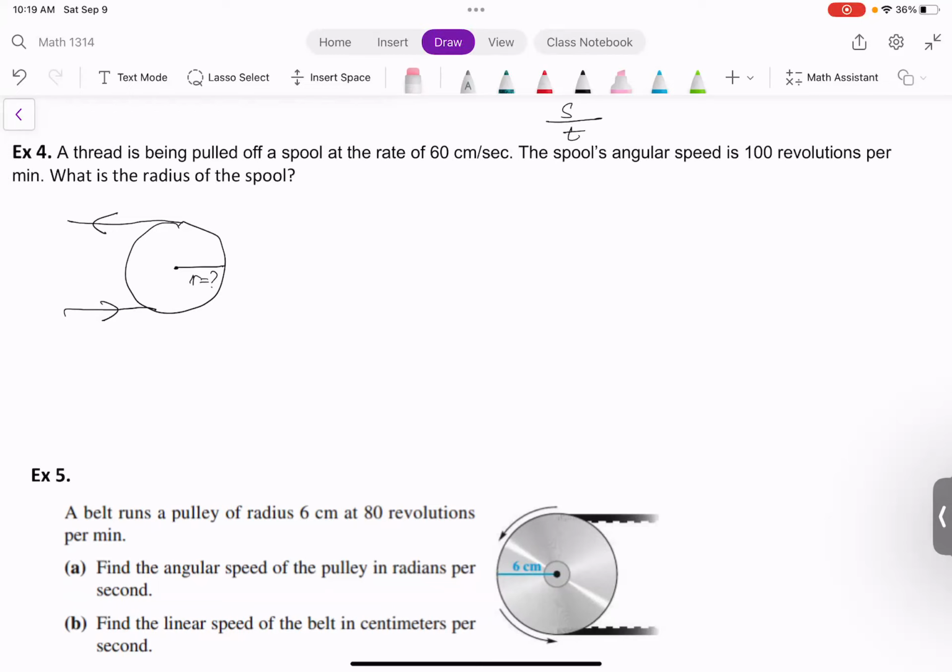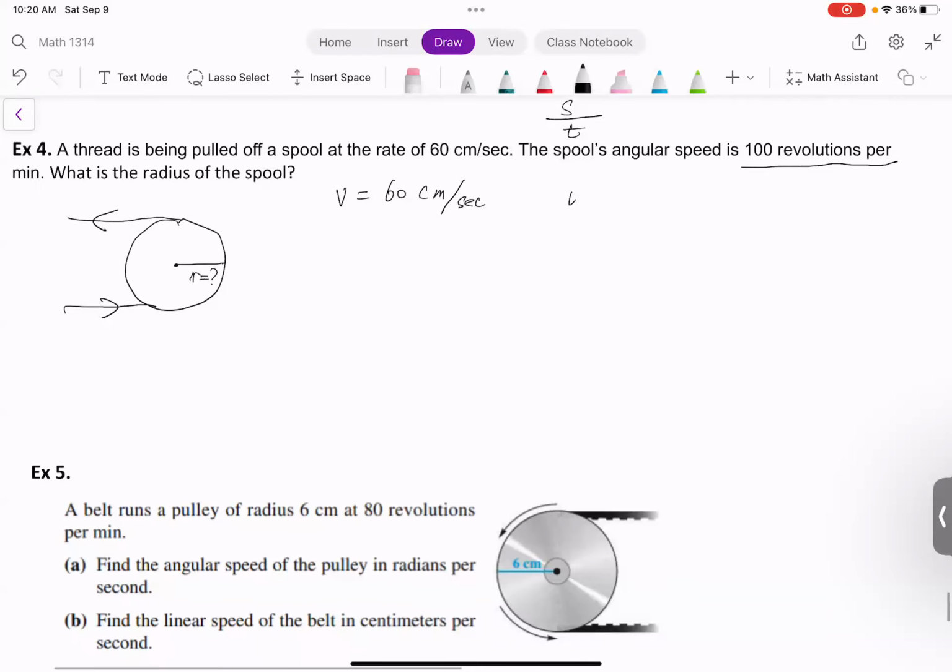So linear speed is v. V equals 60 centimeter per second. And then another one, 100 revolutions per minute, that's the angular speed, that's omega. Omega equals theta over t. So 100 revolutions is how many degrees, or what is the angle in radian mode?